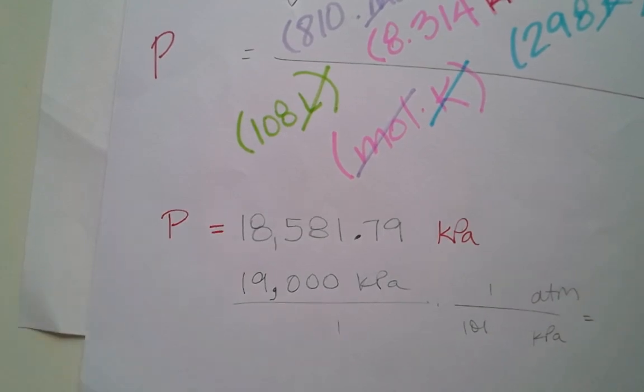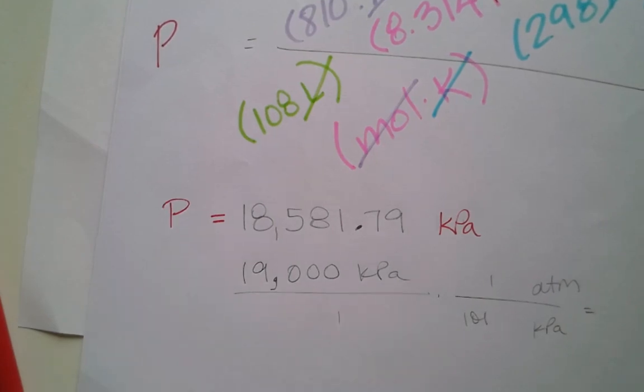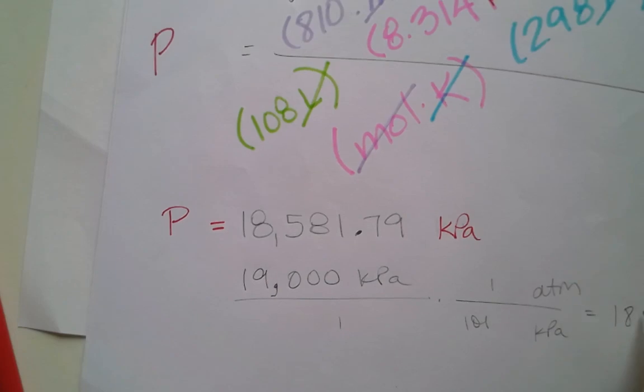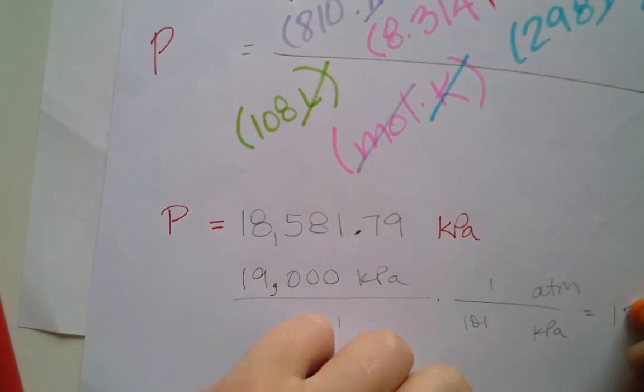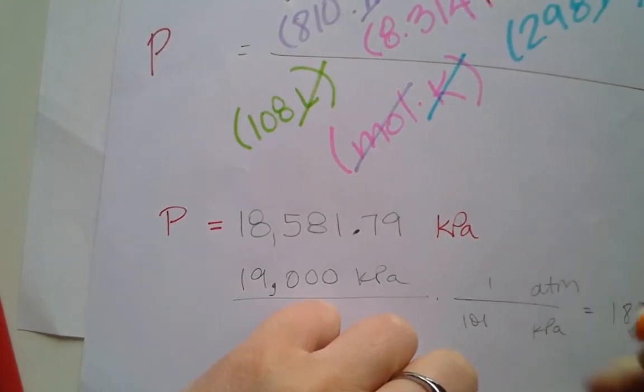So let's just see how many atmospheres are in that tank. 183 atmospheres. That seems 0.9, so that would round up to 184. It seems like a lot of atmospheres, and with your sig figs, that's 180.